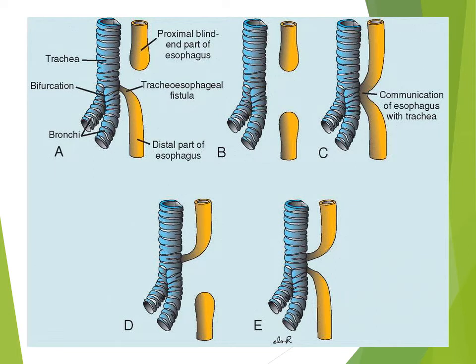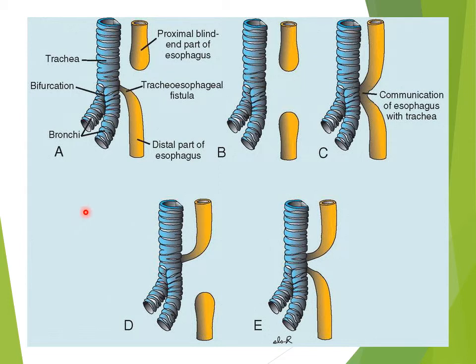So here are the anomalies of the gut tube. These can definitely occur if there is recanalization failure, or there is a problem in the deviation of the septum. First of all, if there is a recanalization failure, this leads to esophageal atresia.